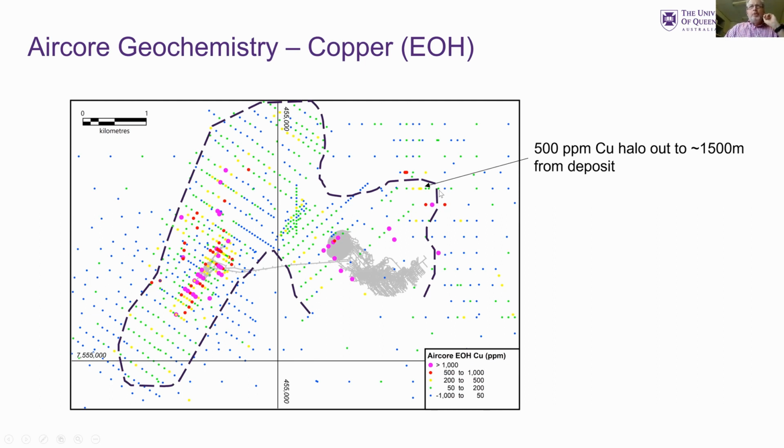And you're getting up to about 1.5 kilometres away from the Osborne deposit itself, and you're still at ppm level, and some of these pink values are over 1,000 ppm copper. So it's something to keep in mind if you're drilling through cover in these types of terrains, that there's often a bit of a dispersion of your elements.